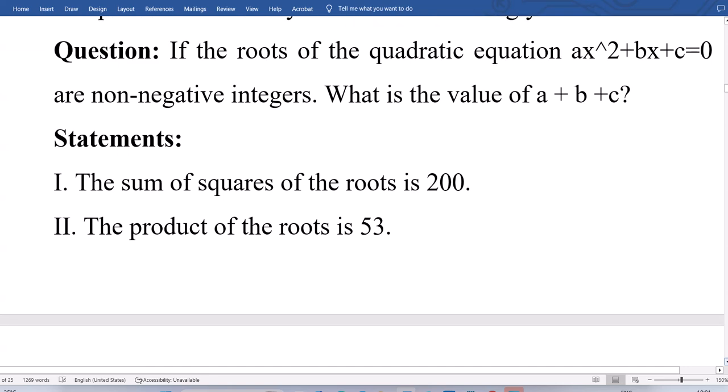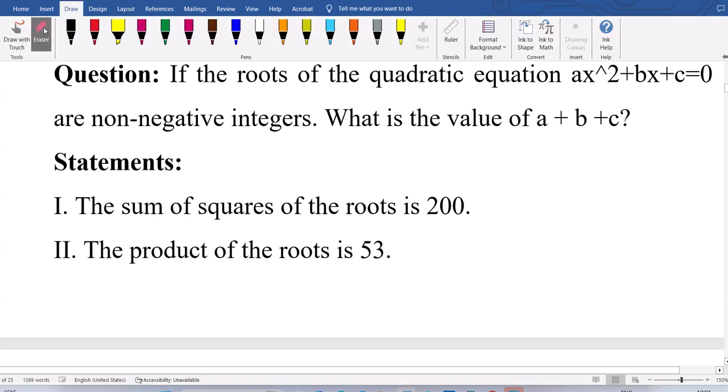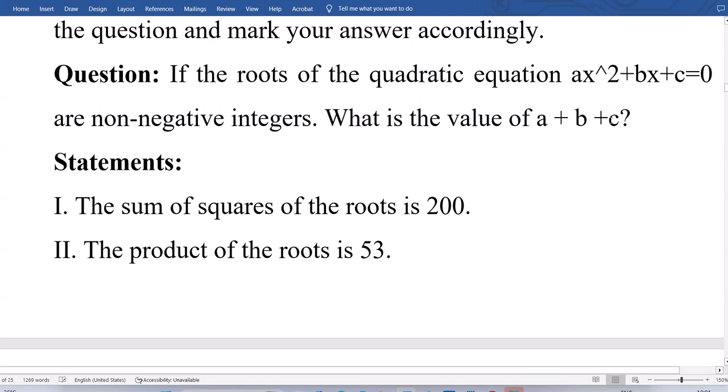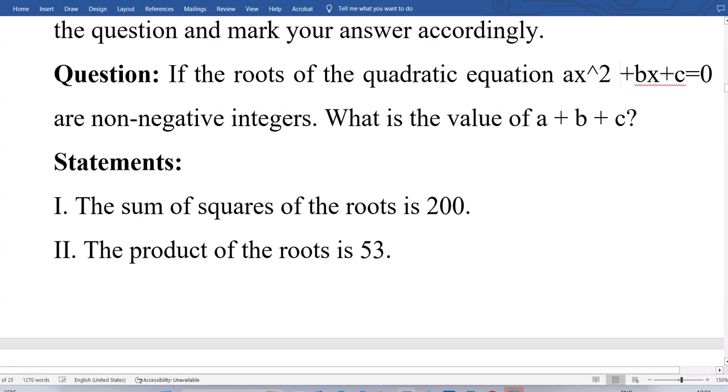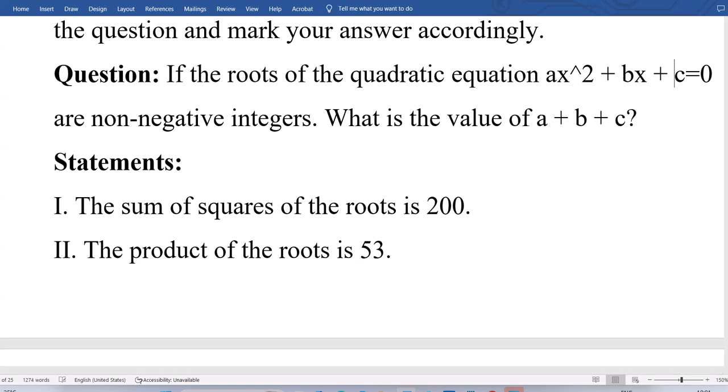They want the a plus b plus c value. They are given statement 1, sum of the squares of the roots, and statement 2, product of the roots. So which one is okay, 1 alone or 2 alone?